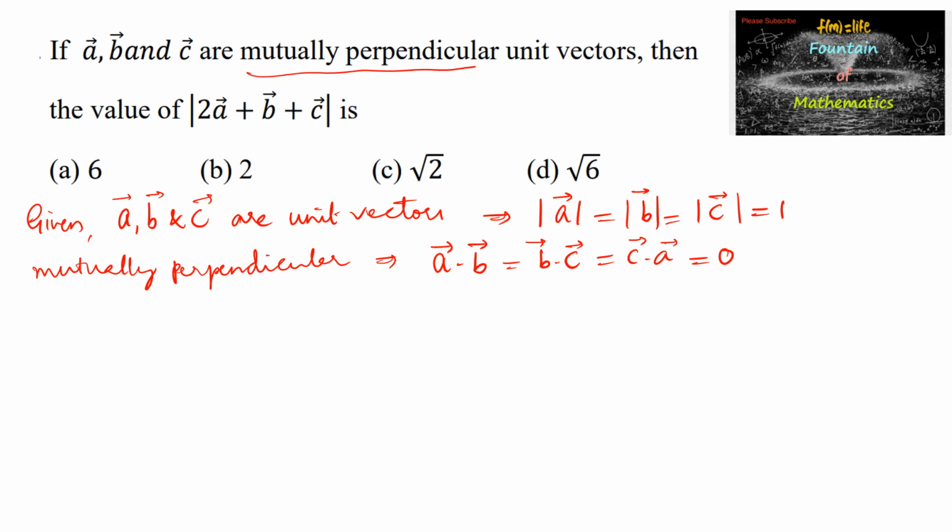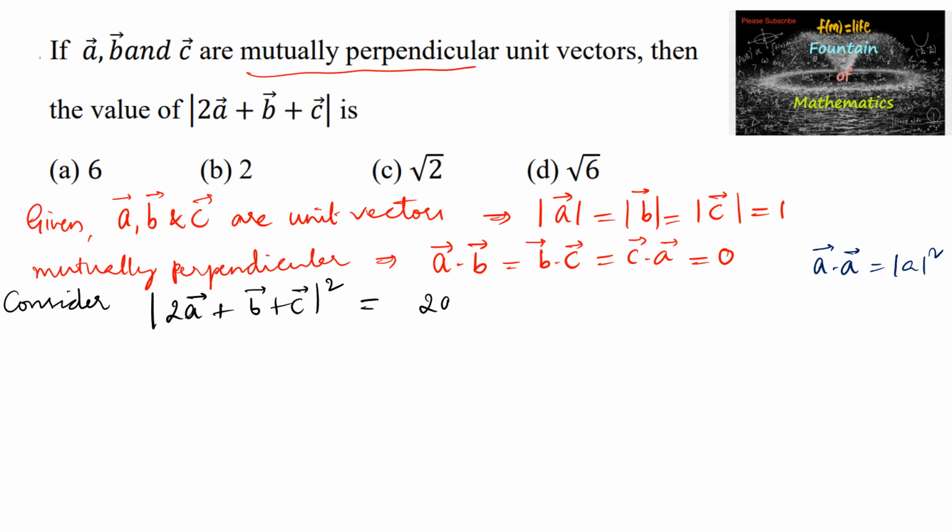Then let us consider to find the value of mod of 2A plus B plus C. Consider the square of 2A plus B plus C whole square, which can be written as, since we know that A dot A is equal to mod A square, 2A plus B plus C dot 2A plus B plus C, by using the property A dot A is equal to mod A square.